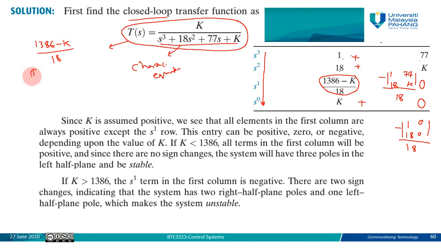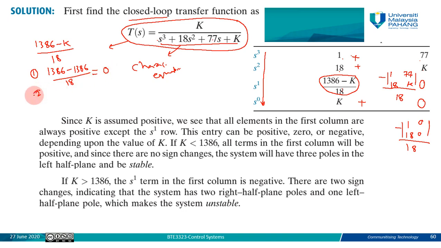The first situation: if k is positive and it is equal to 1386, then this magnitude will be 1386 over 18 minus k over 18, so the value of this element will be equal to 0. If this element is equal to 0, that means I have a 0 in the first column, so I need to apply either the epsilon method or the reverse coefficient method in order to decide the stability of my system. So this is one of the situations.